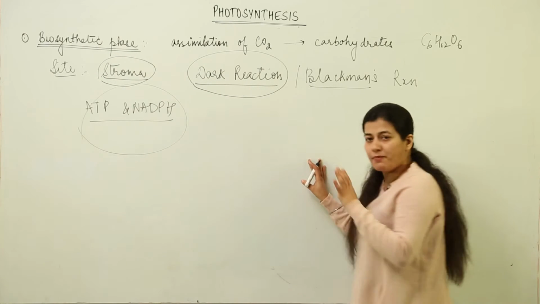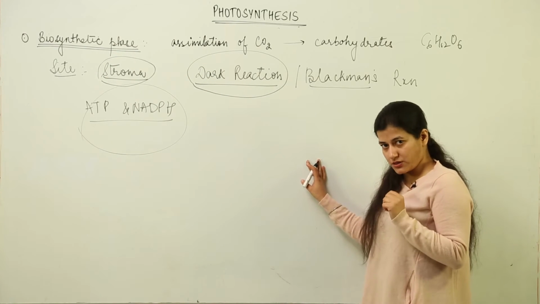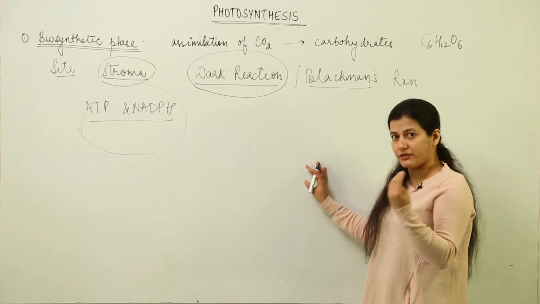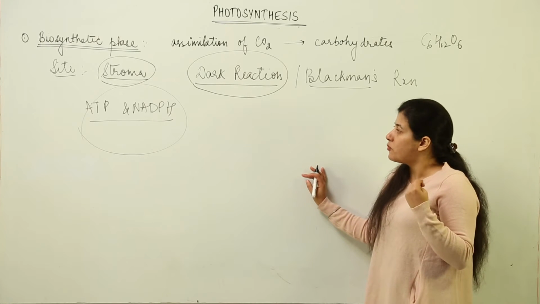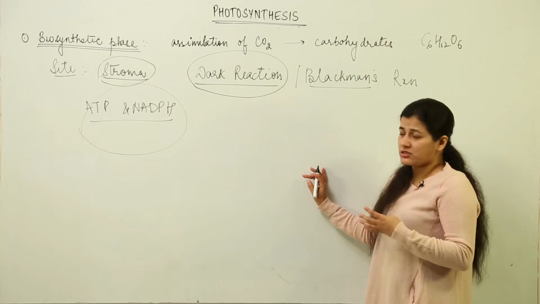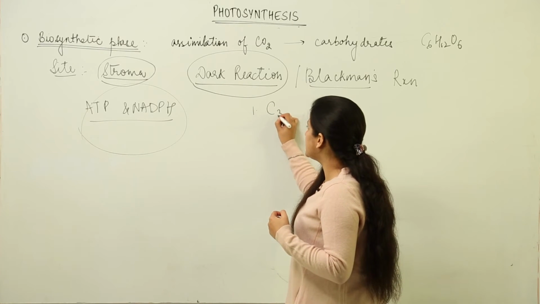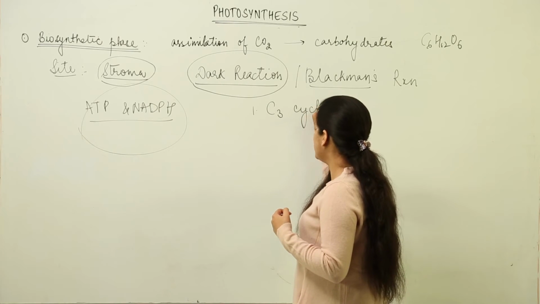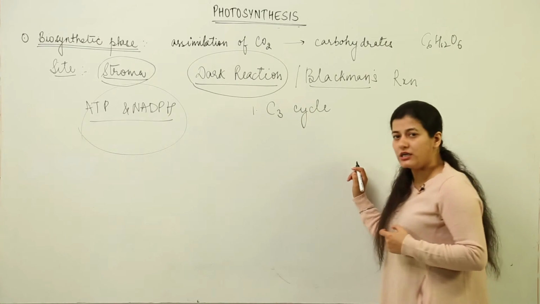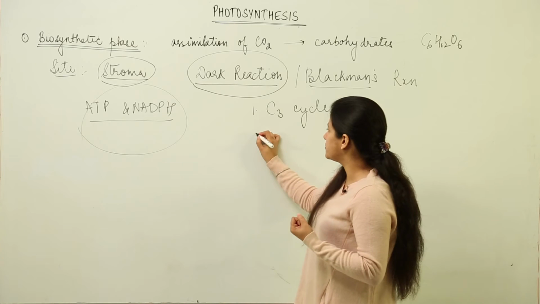Now when we study the biosynthetic phase of photosynthesis, there are different pathways that could be possible when the synthesis of glucose has to take place. The first one is the C3 cycle. We will study them individually in detail, but for now you need to get introduced to the terms.